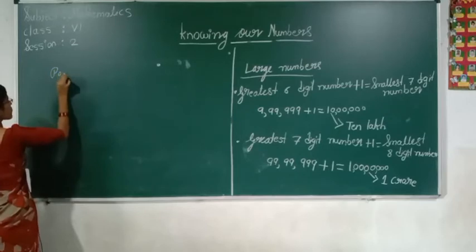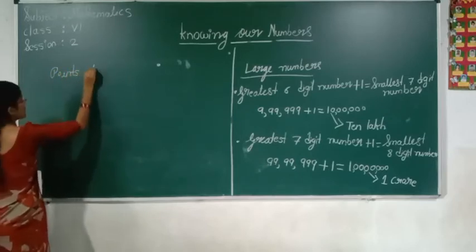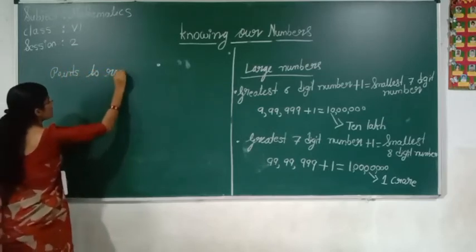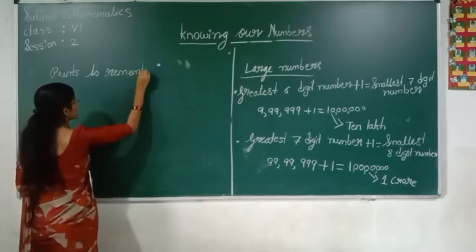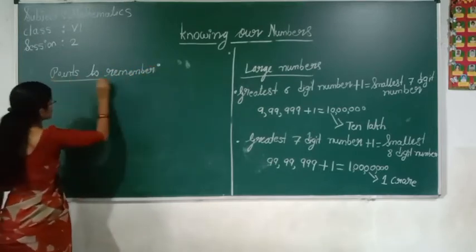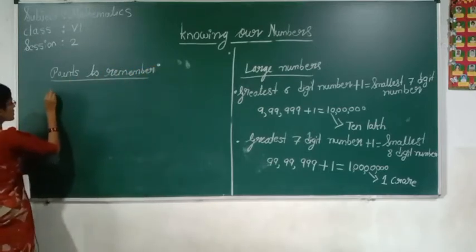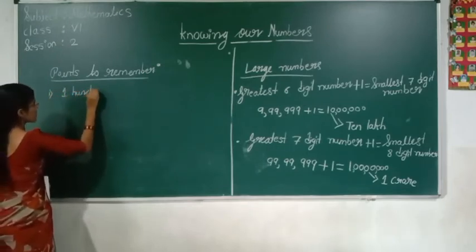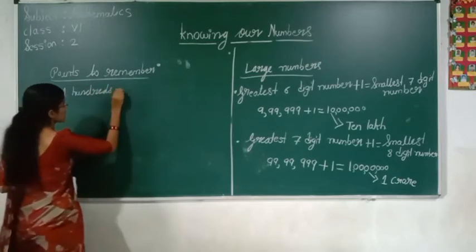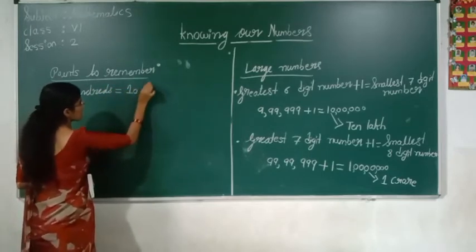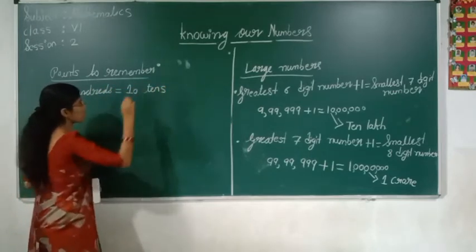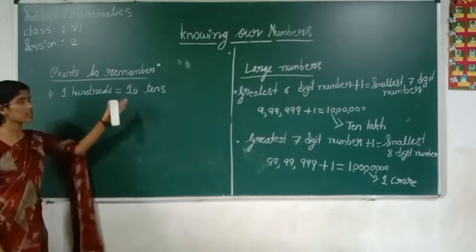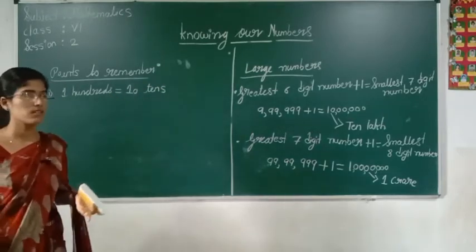Next we will see some points here. These are the points to remember. You have to remember this. 100 can be written as 10 tens. Yes or no? 10 into 10 is 100.